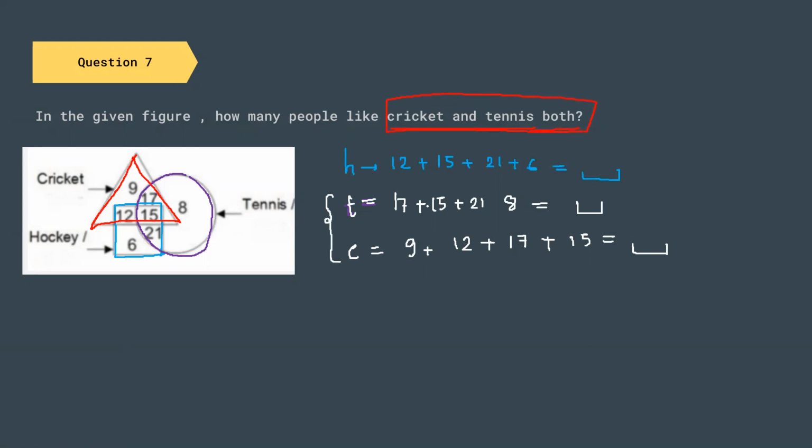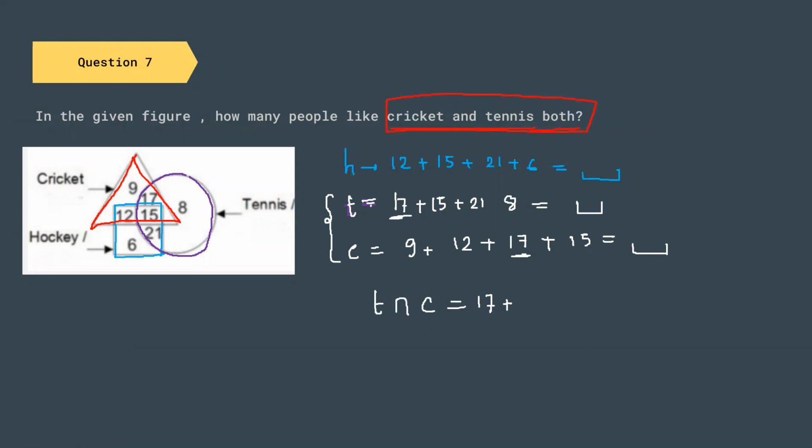So let us just try to find out the common patterns. In tennis, we have this number, and this number is common to both tennis and cricket. So tennis intersection cricket will be 17 plus.